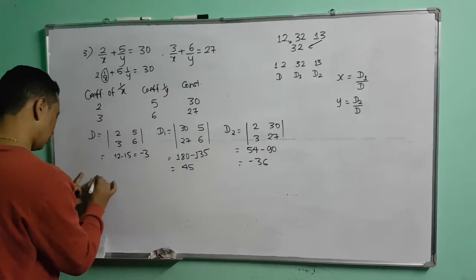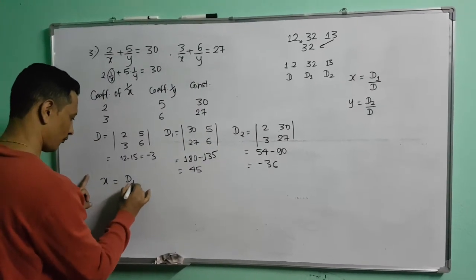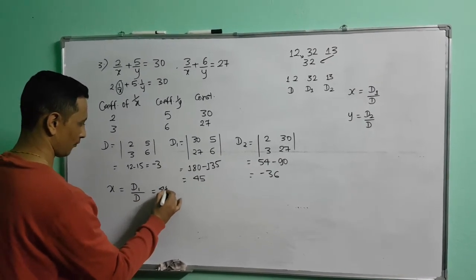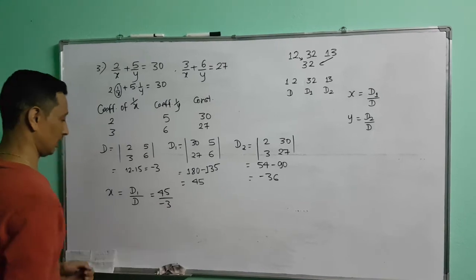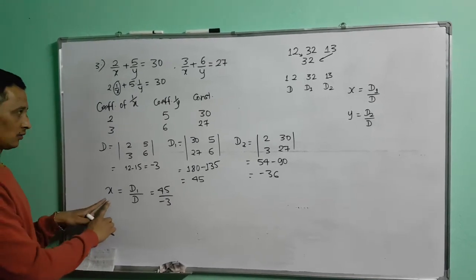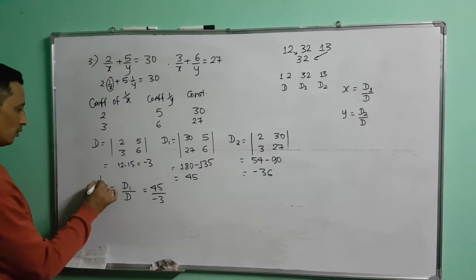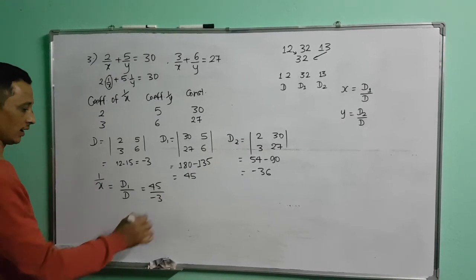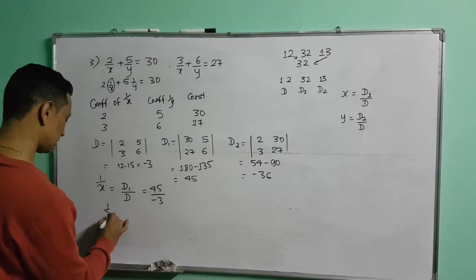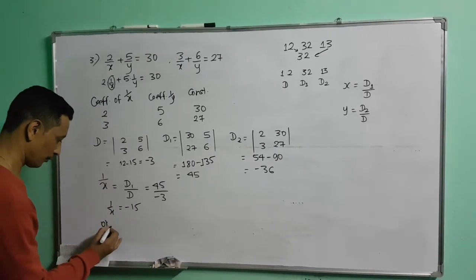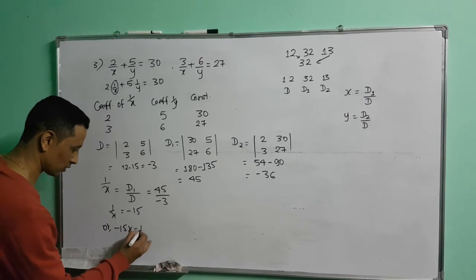So now by Cramer's rule we have x equals to D1 by D, that is 45 by minus 3. We used to write x equals to, but here in place of x we have 1 by x, so we will write 1 by x equals to this one, and 1 by x equals to minus 15, or minus 15x equals to 1.